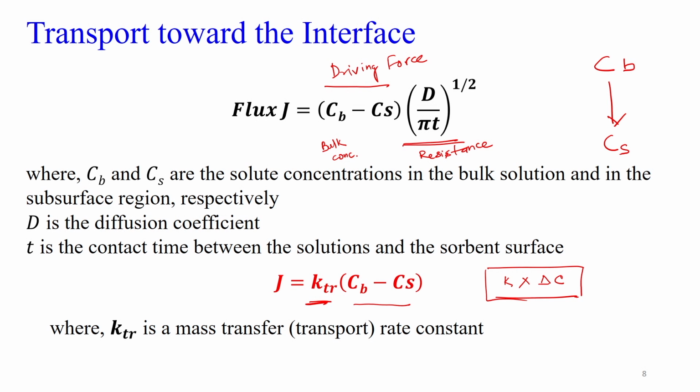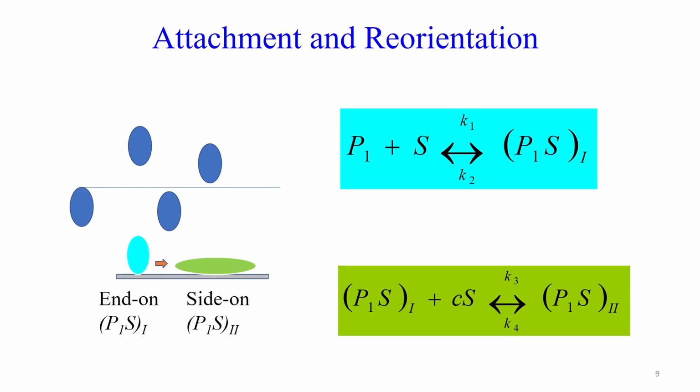Once the protein reaches the surface, the next step will be its attachment as well as its reorientation. So, here you are calling it the end-on and the side-on orientation. Protein plus surface forms, let us say, an intermediate P1S1.